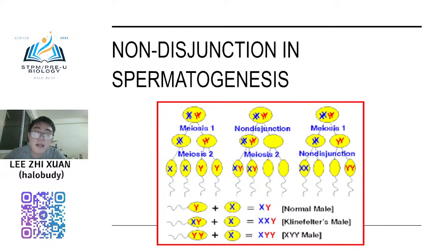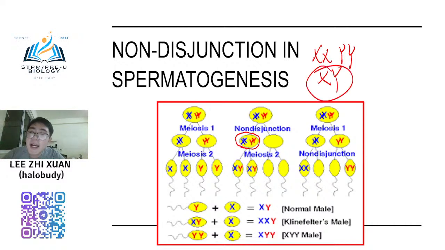If non-disjunction occurs in meiosis 1, it will give you this chromosome. It means one cell contains XXYY, whereas it should only be XY. And another one does not have any at all.